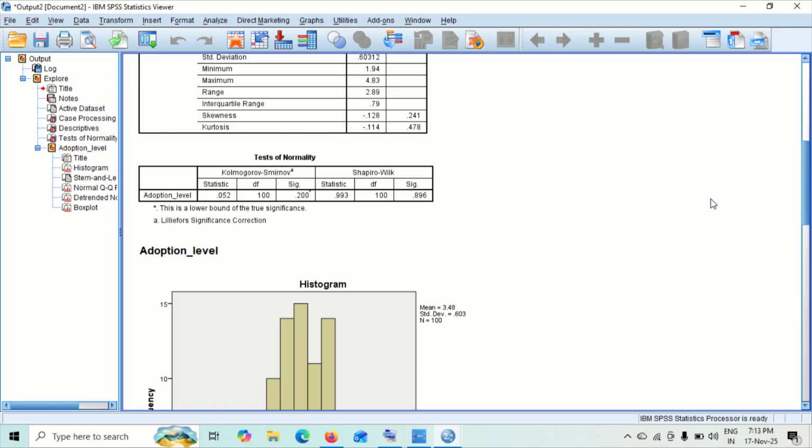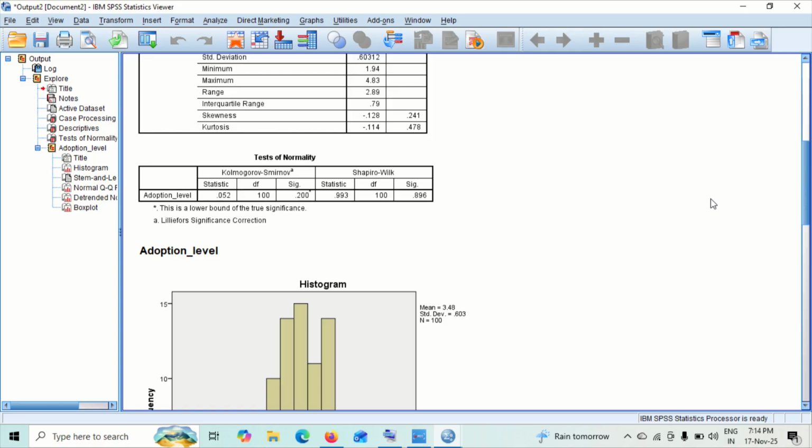And the null hypothesis is that data is normally distributed. The alternative hypothesis is that data is not normally distributed. Since the p-value, meaning the significance value, is greater than 0.05, that means we fail to reject the null hypothesis.